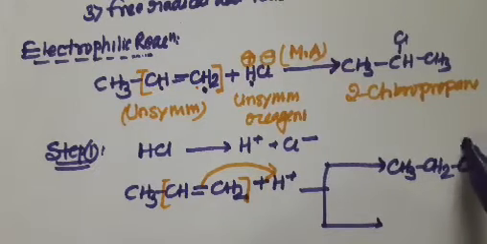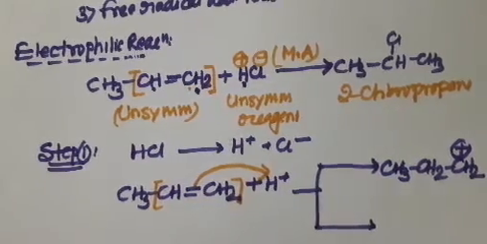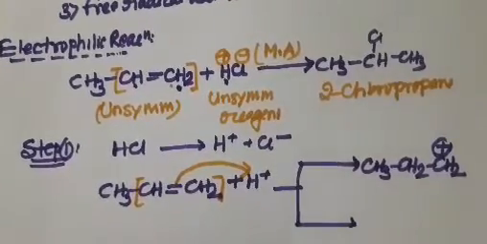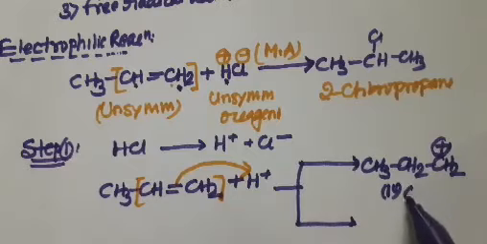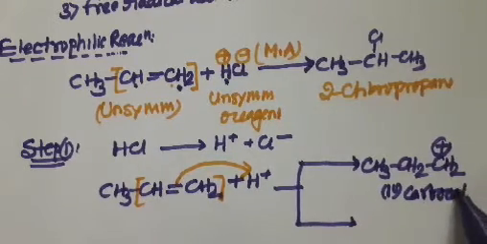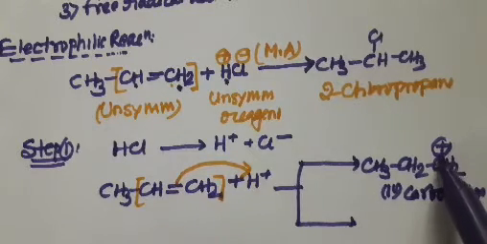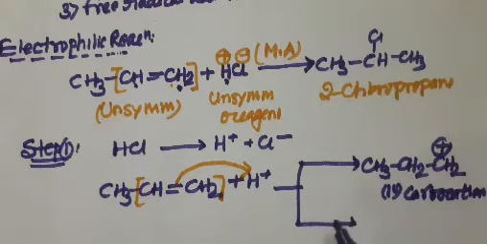CH3, CH2, CH2 and the last carbon atom acquires positive charge on it since it consists of 3 bonds and it is 1 degree carbocation. This is 1 degree carbocation since the carbon which consists of positive charge is joined with one adjacent carbon atom.